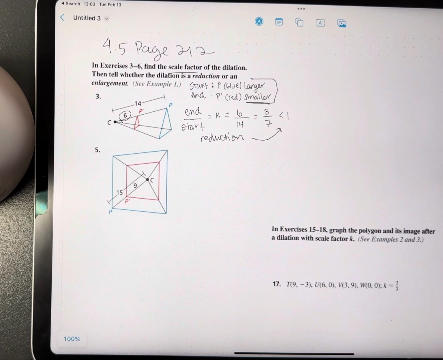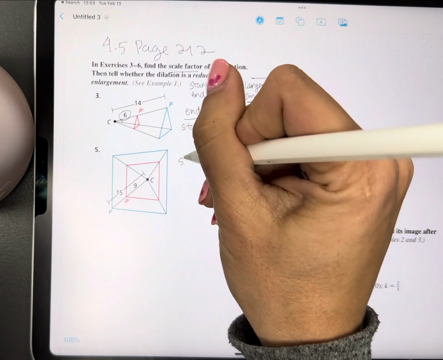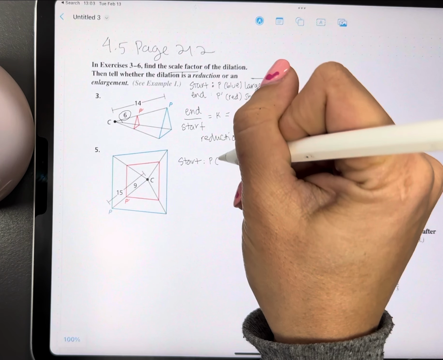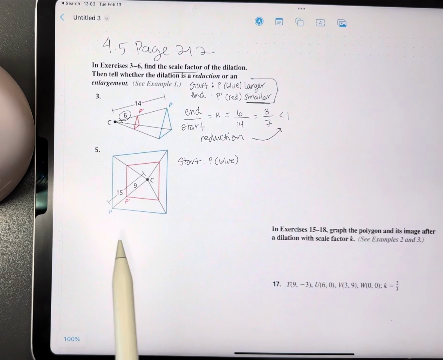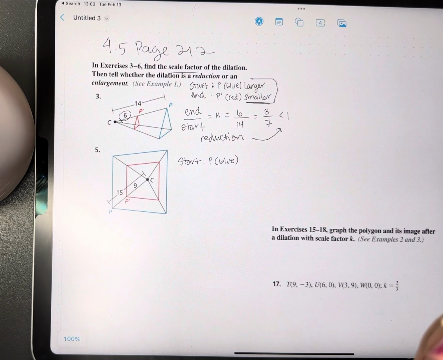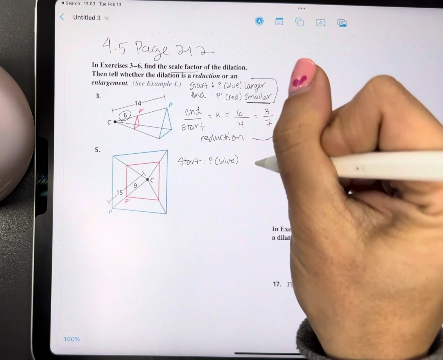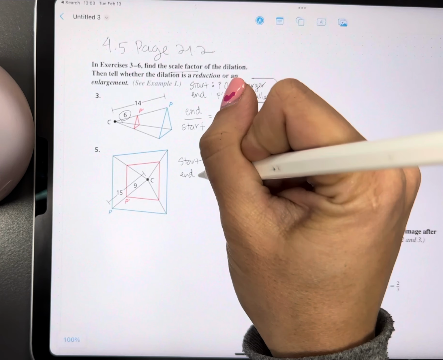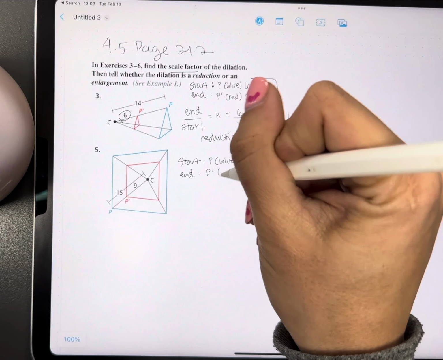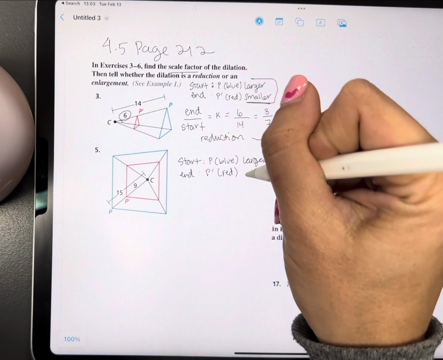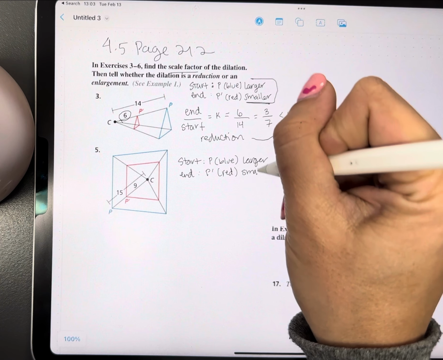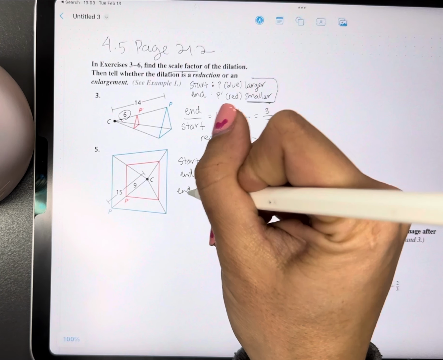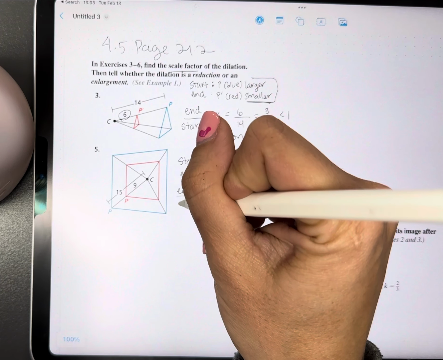Okay, number 5. Here we go. We start with P, the blue, which is the larger. We're ending with P prime, the red, that's smaller. For scale factor, I take where I ended up over where I started.